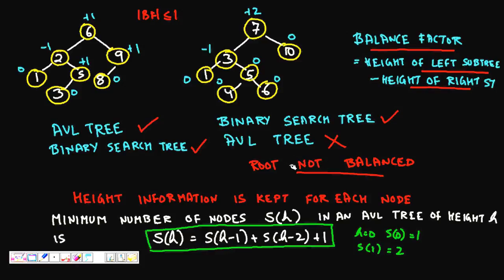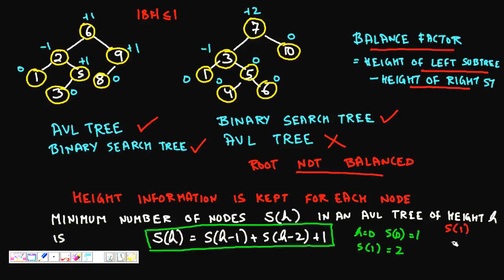S of 1, height is 1, so you will have at least this AVL tree. Okay, so when will we get the minimum number of nodes? Let's say here is the left subtree and the right subtree.